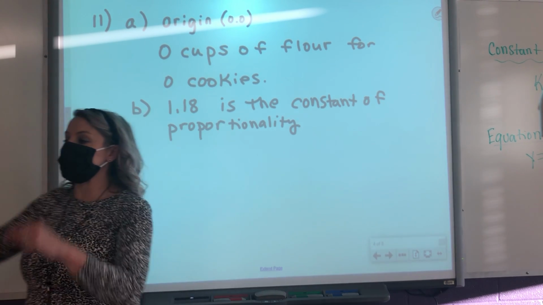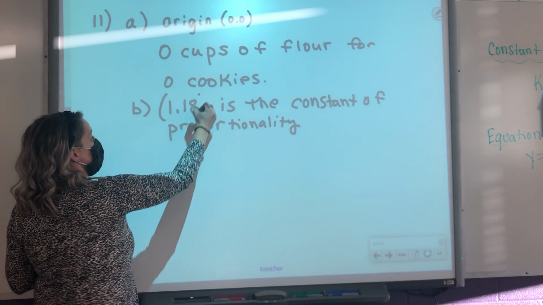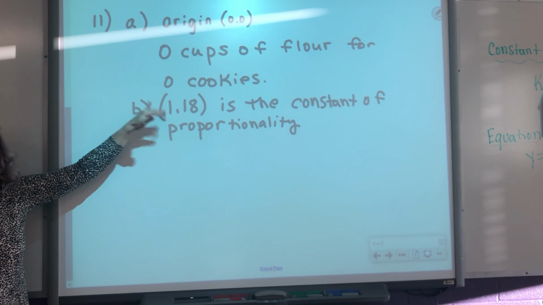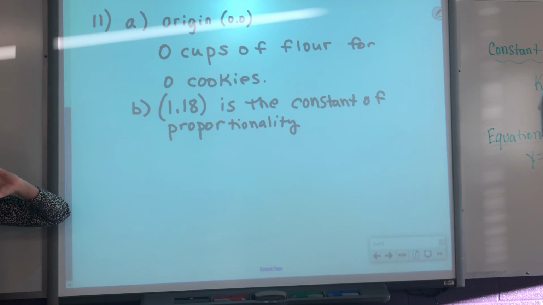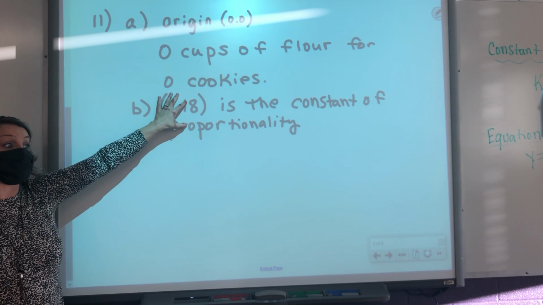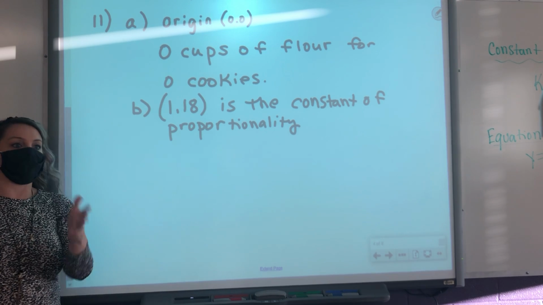What does it mean in this specific situation? You are absolutely correct. I love it. Constant of proportionality, that's our point. So we need to remember that anytime we see a 1 and then a value on our graph, that's our constant of proportionality if the relationship is proportional, correct?